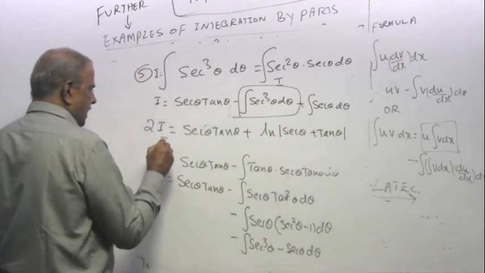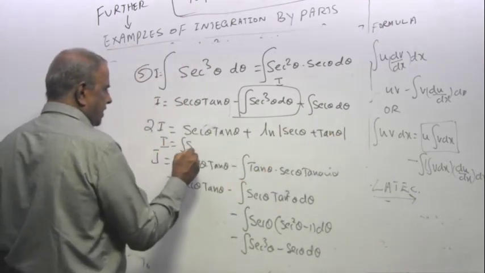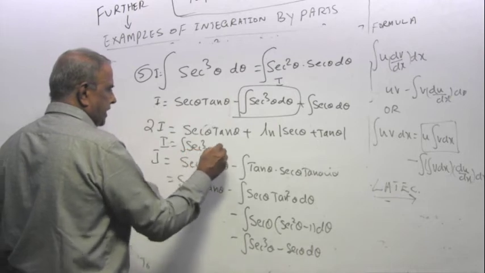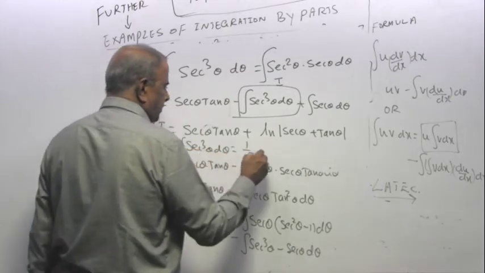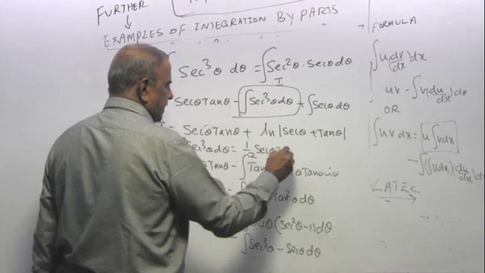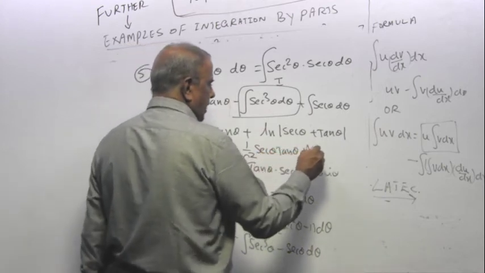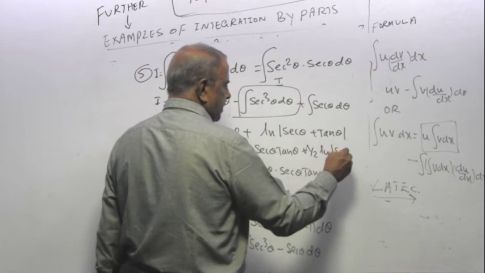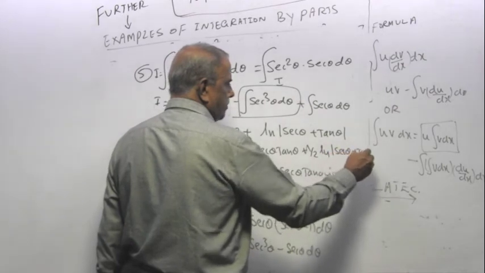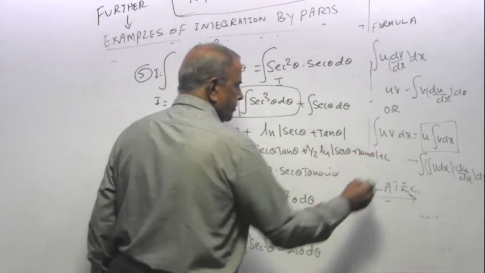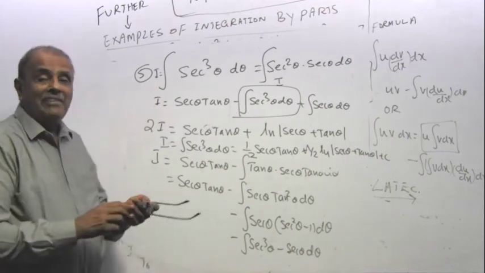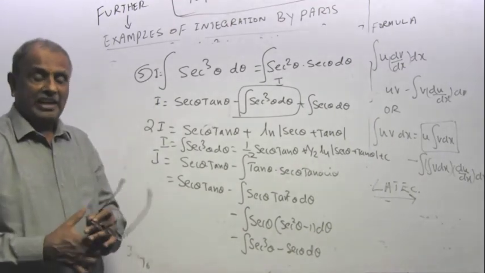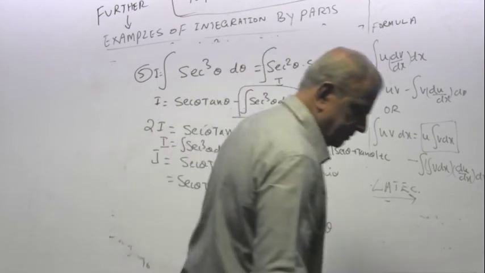So therefore I, which is integral sec cube theta d theta, equals half sec theta tan theta plus half ln sec theta plus tan theta plus C. That is the only way you integrate sec cube theta.